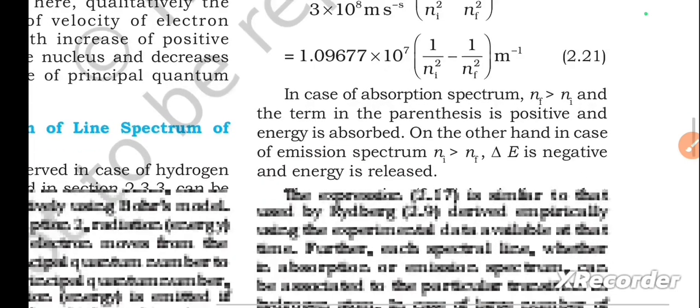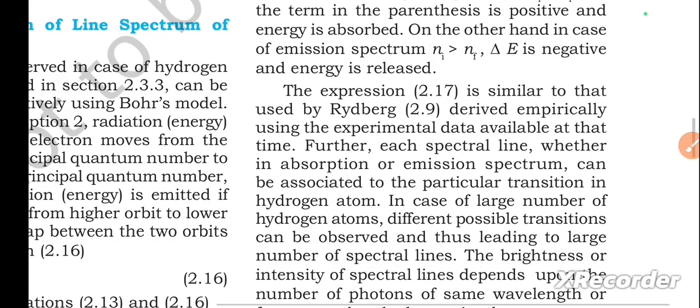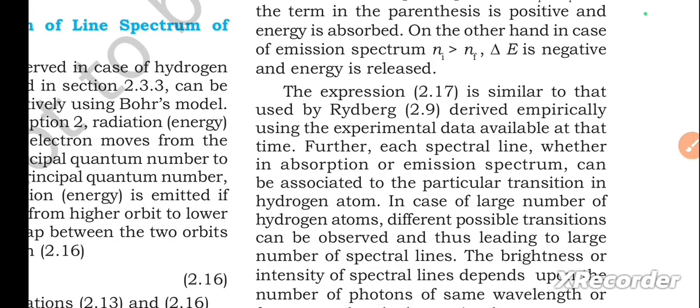In case of absorption spectrum, nf is greater than ni, the term in the parenthesis is positive and energy is absorbed. On the other hand, in case of emission spectrum, ni is greater than nf, delta E is negative and energy is released. The expression is similar to that used by Rydberg, derived empirically using the experimental data available at that time.